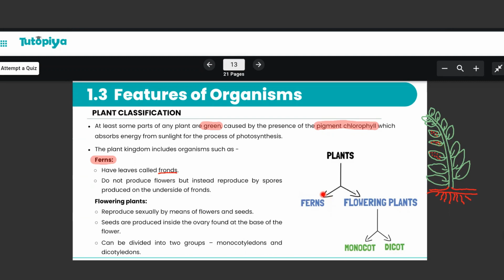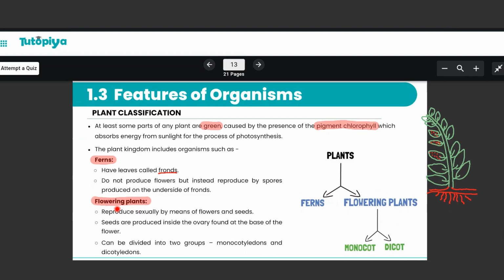And now let's move on to the second important group of plants, the flowering plants. Now, the flowering plants are again a huge group of plants. And what exactly are flowering plants? As the name indicates, of course, these are the plants containing flowers.